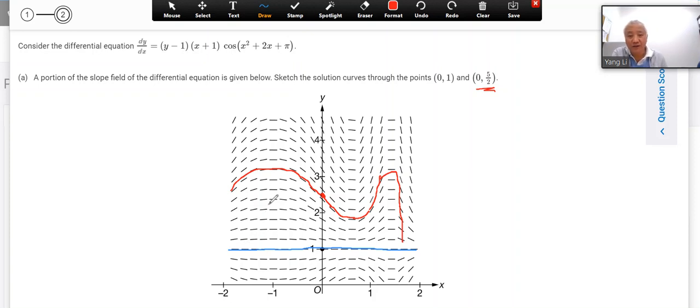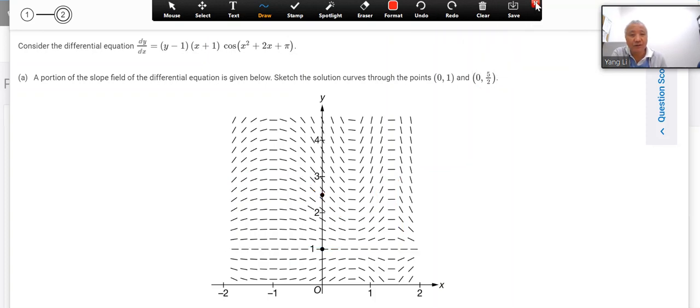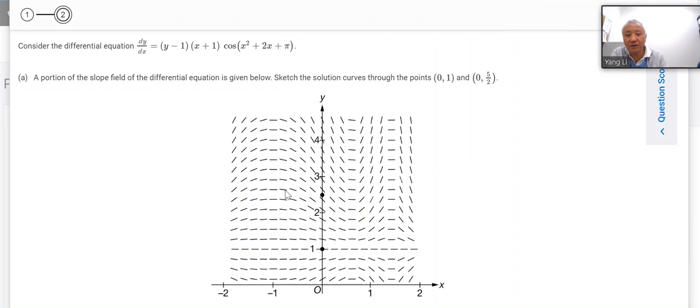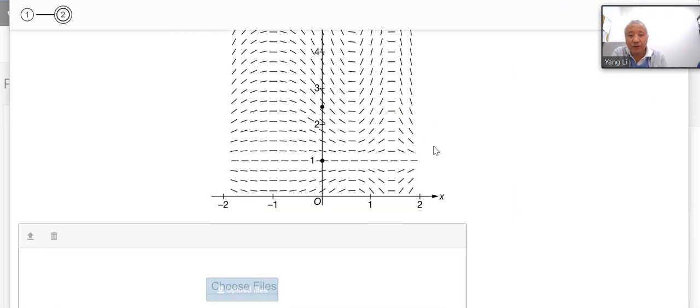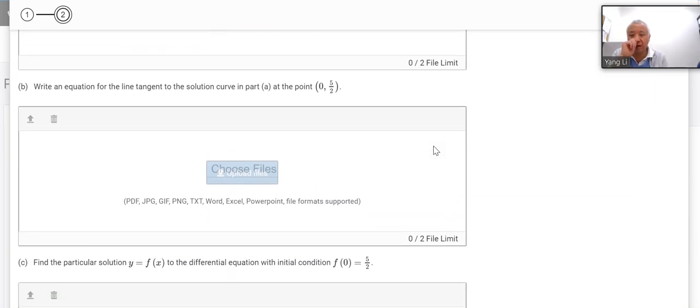So now let's go to the second, part B, okay? When we do question B, they ask you to write the equation of the line tangent to the solution curve in part A at this point.